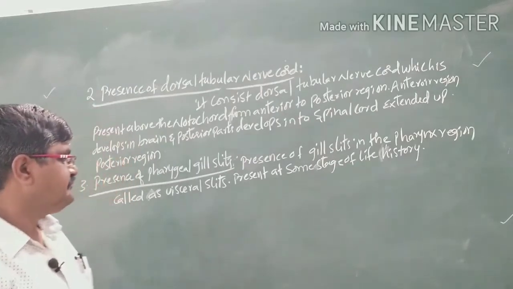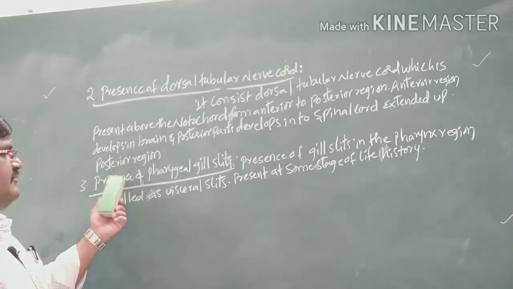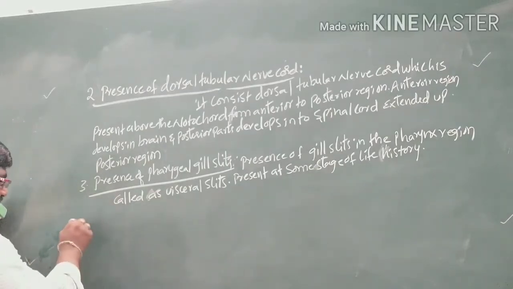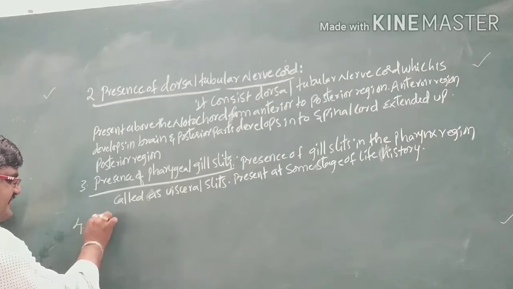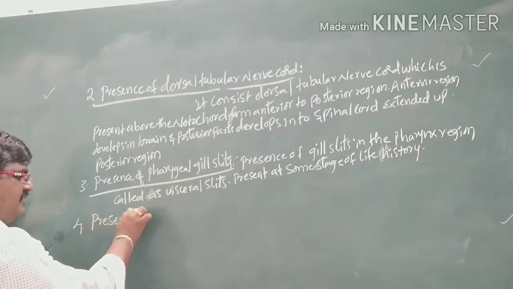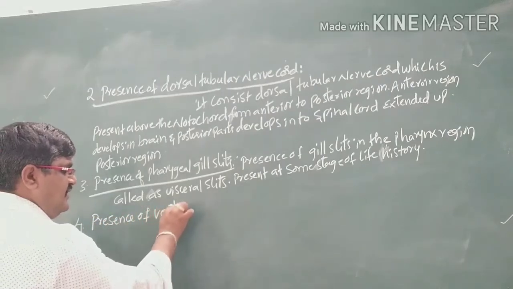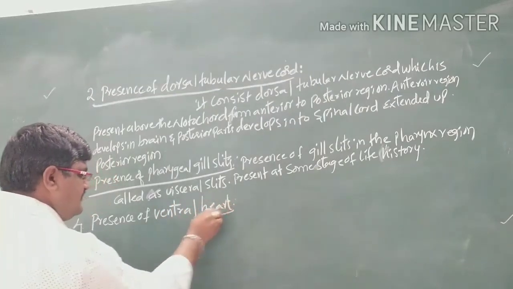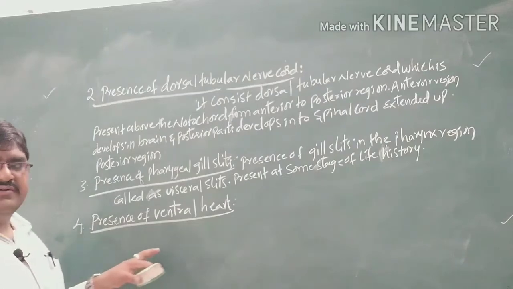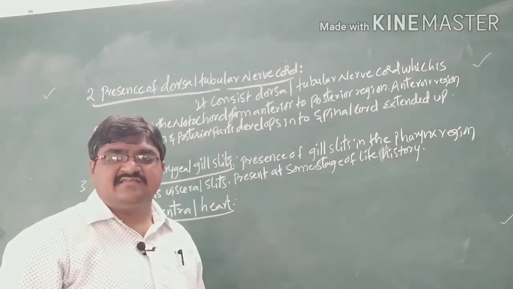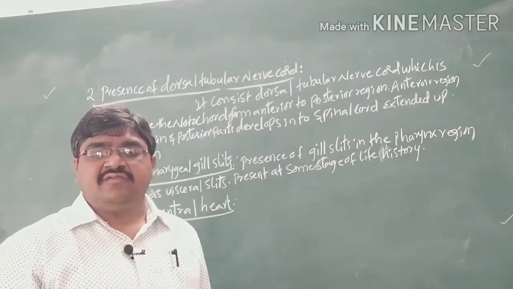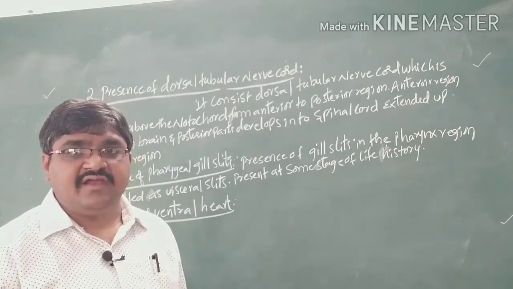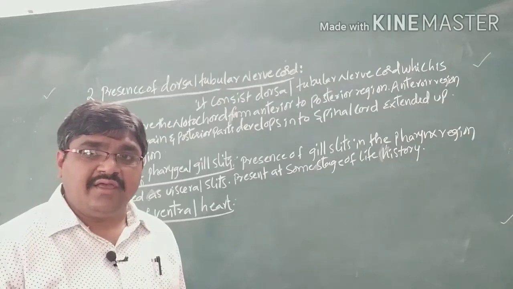Next one is the presence of a ventral heart. The heart is present on the ventral side of the alimentary canal of the body cavity.